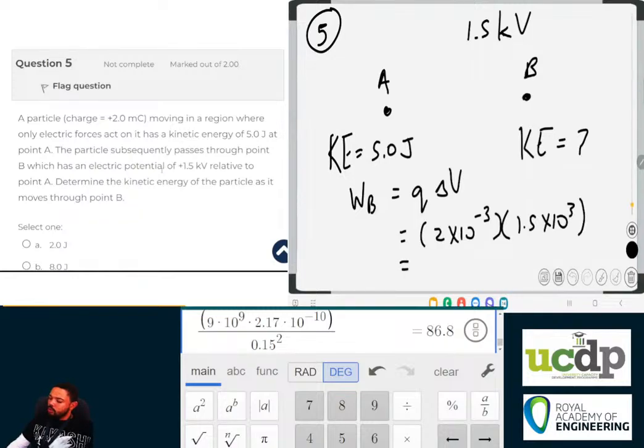This gives you the work done to move from A to B: 2 times 1.5, which is 3. So it's 3 joules. So the work done to move from A to B is 3 joules. So it will lose 3 joules.